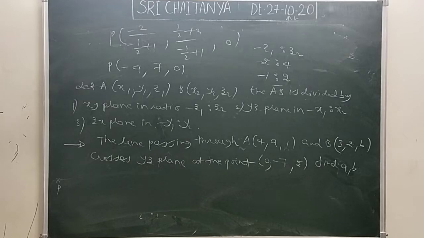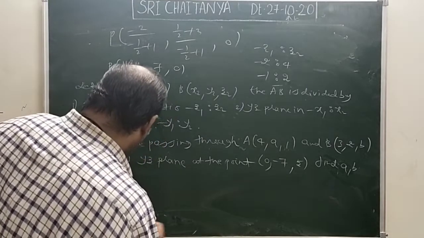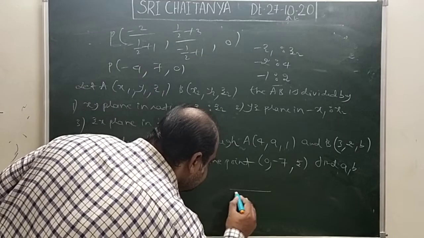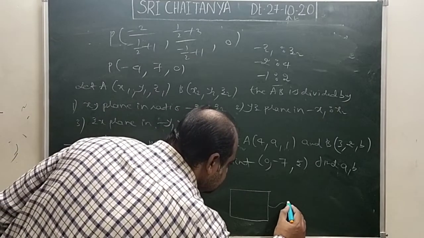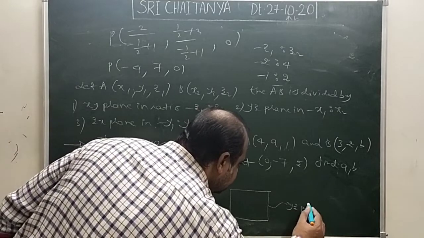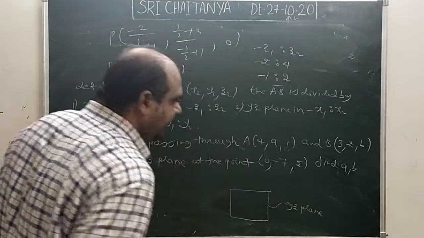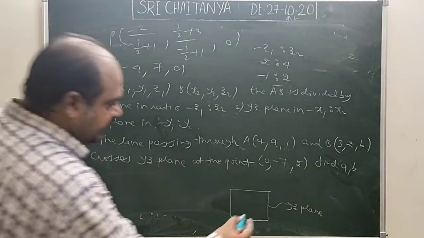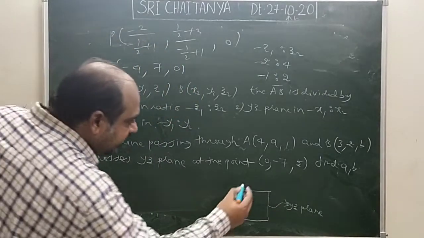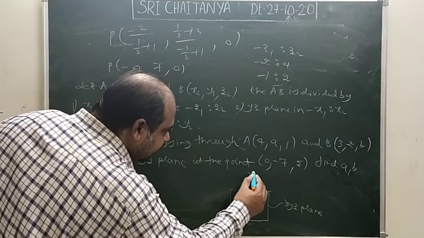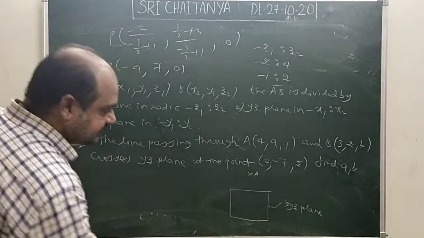Look at this. He has told that the line crosses the YZ plane. Let us take the YZ plane as a rectangle, and let us say this is Y. Always represent it like this. Now the line joining A and B, you don't know whether they are on the same side or opposite sides.